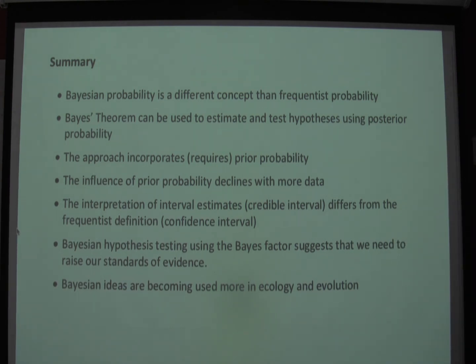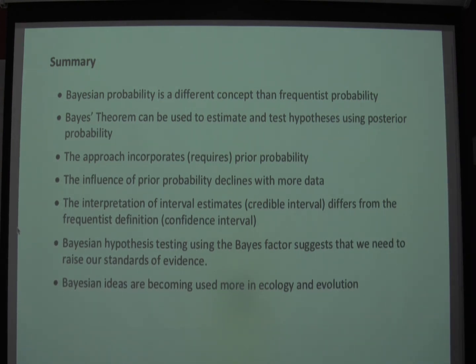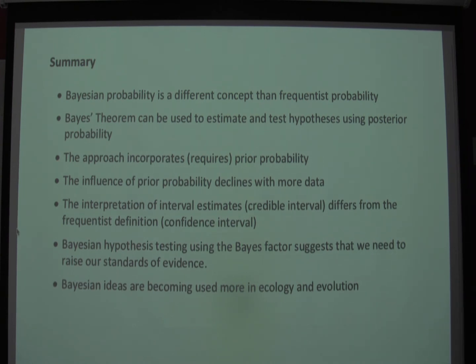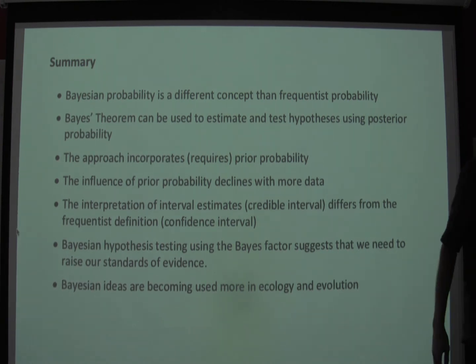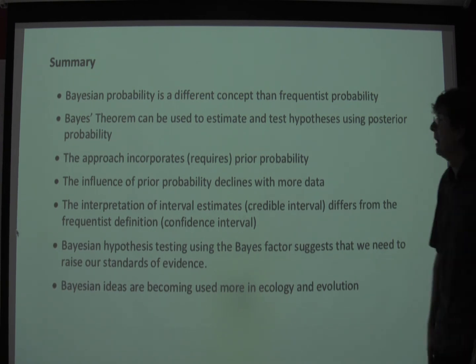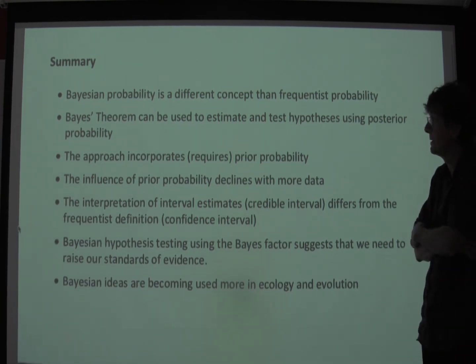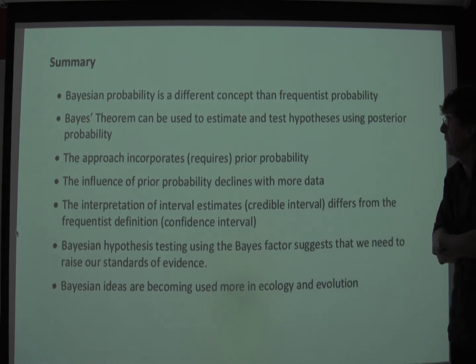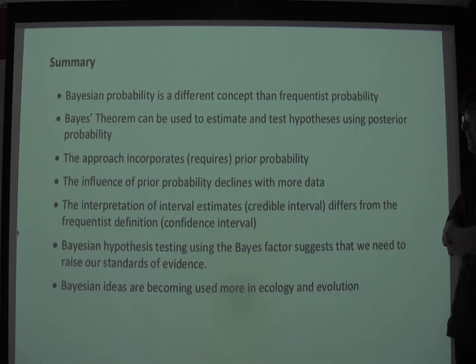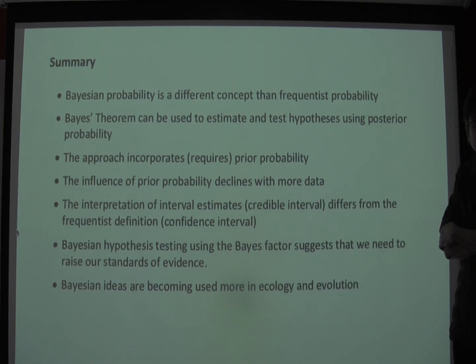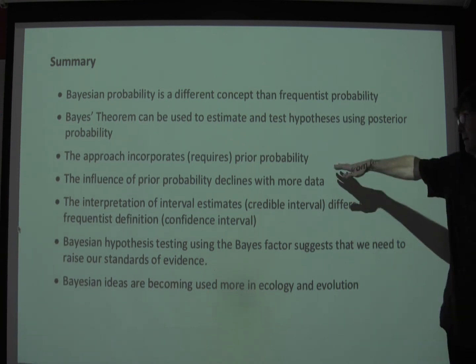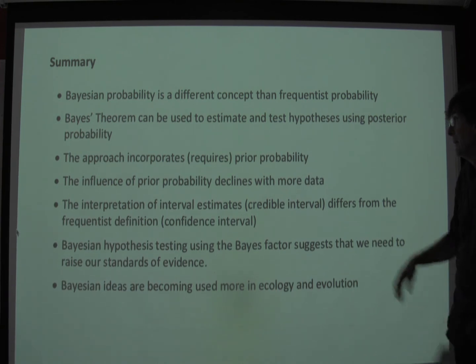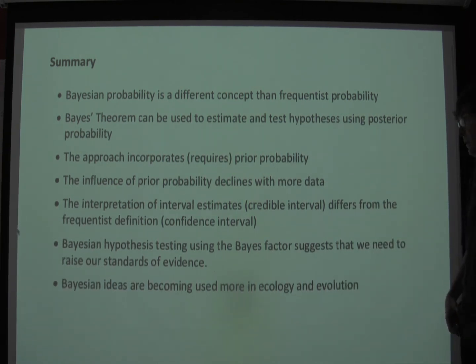So to summarize, Bayesian probability is a completely different definition. But we can use it to estimate and test hypotheses using the word probability, because it's a metric of our uncertainty, but in this case it's degree of belief. It requires prior probability. The influence of the prior, however, declines with more data.